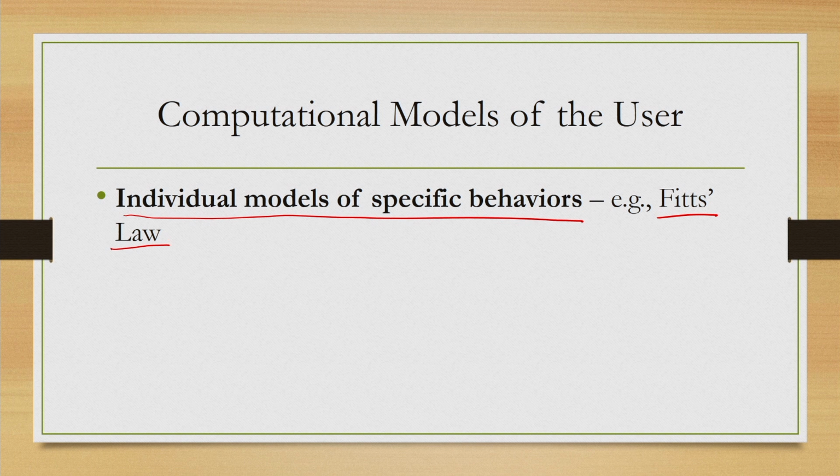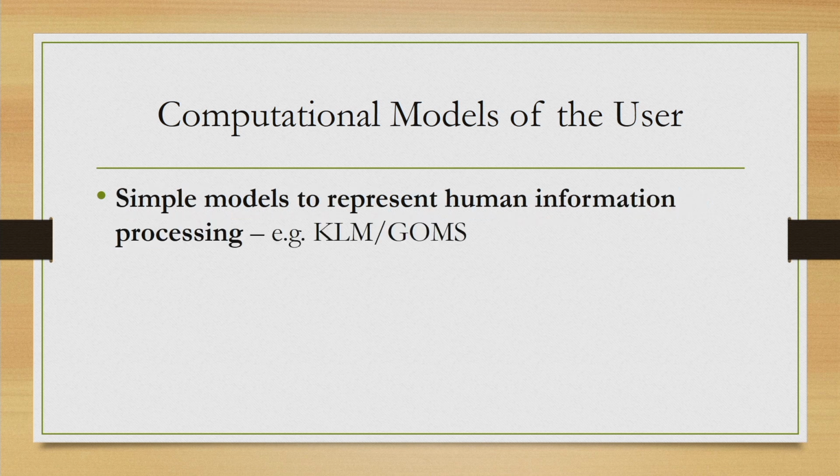So, that is a specific activity, only finger or hand movement. Then we have simple models of human information processing. Here some simplified assumptions are made to represent the cognitive process. Examples are the keystroke level model or KLM and the GOMS models.